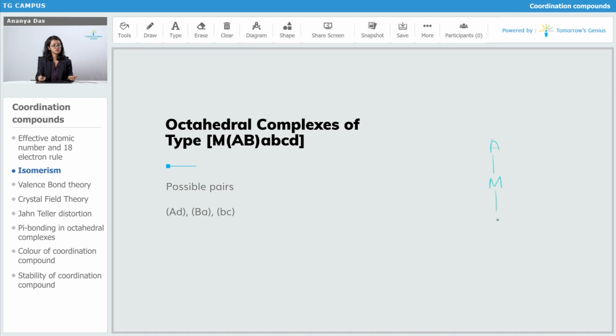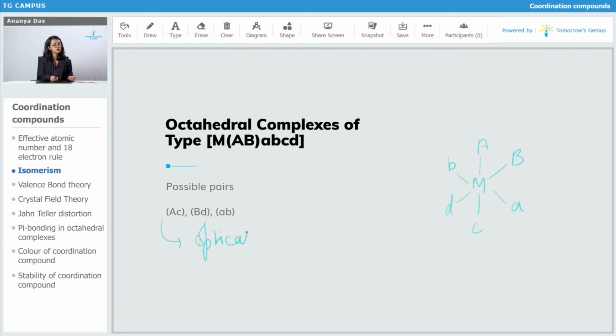Again A is trans to D, B is trans to A, B is trans to C. Optically active. Next we have A is trans to C, B is trans to D, A is trans to B. Again this is also optically active.